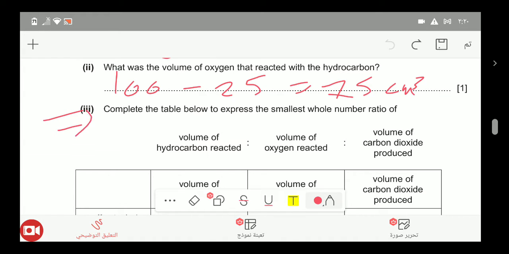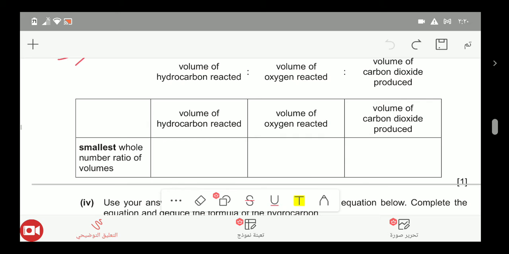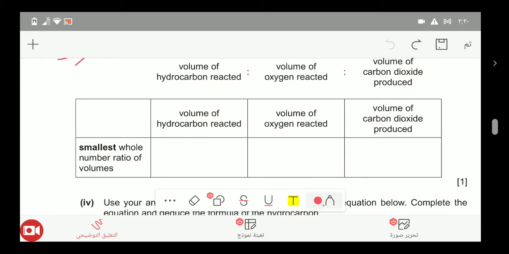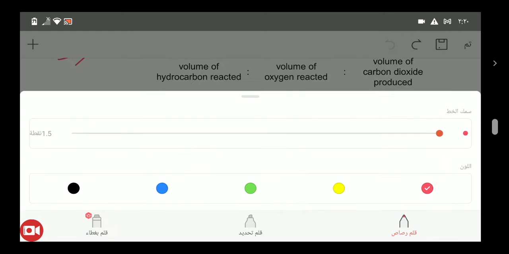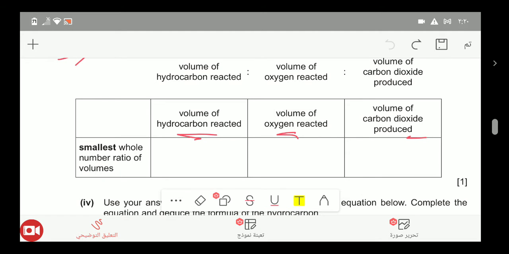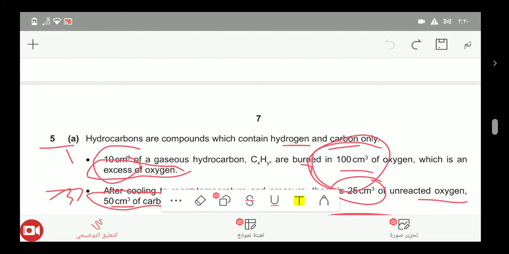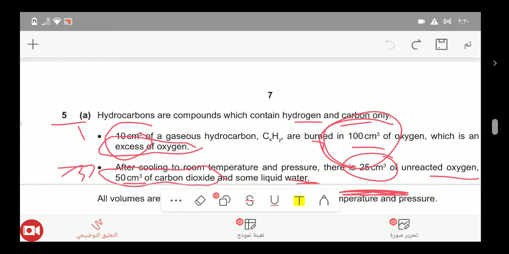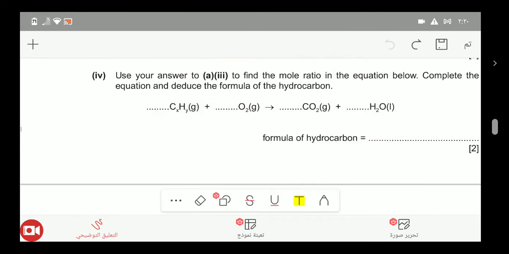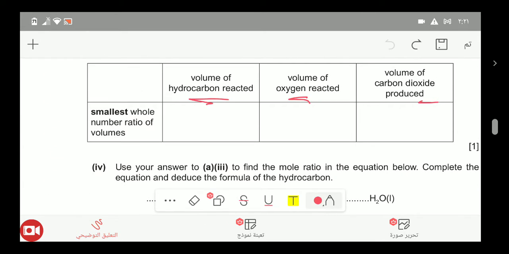Question number 3. Complete the table below to express the smallest whole number ratio of the relation between volume of hydrocarbon, volume of oxygen, and volume of carbon dioxide. Back to the question. Volume of hydrocarbon, we started with 10 cm³.